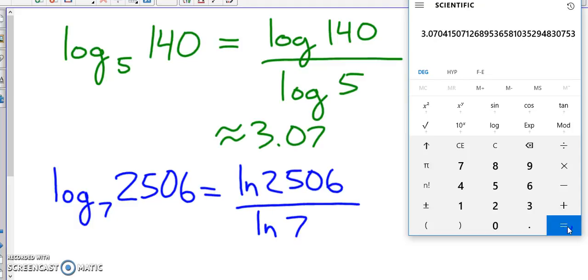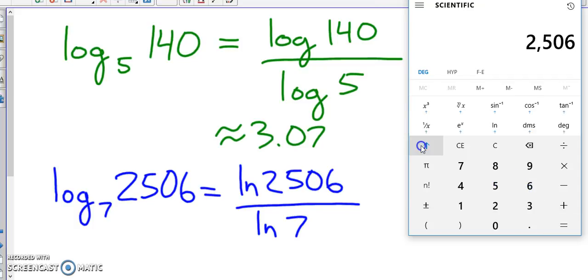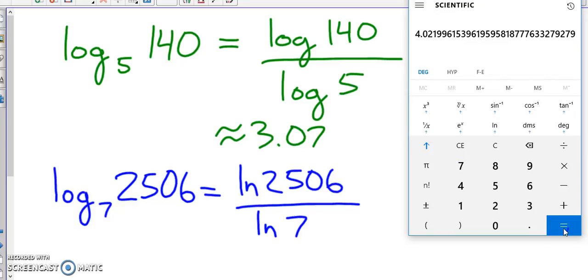Do that. Looks like that's about 4.02. Sound pretty good? All right. So that's the end of 4.3. So let's go on to 4.4.